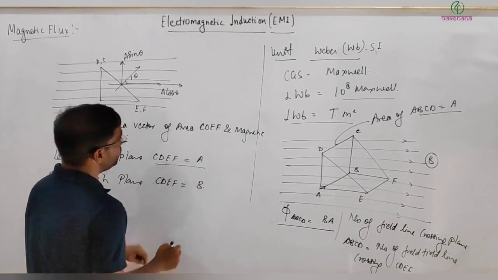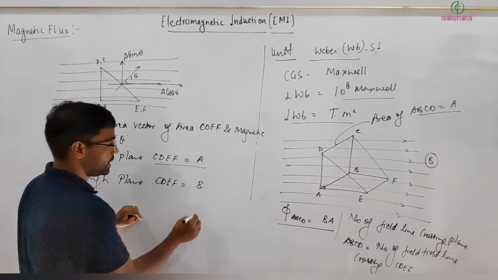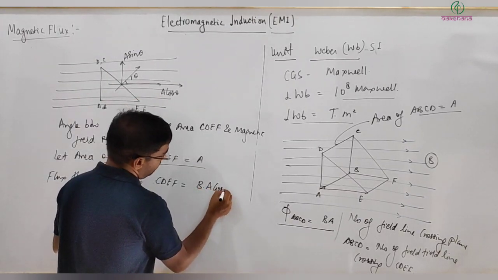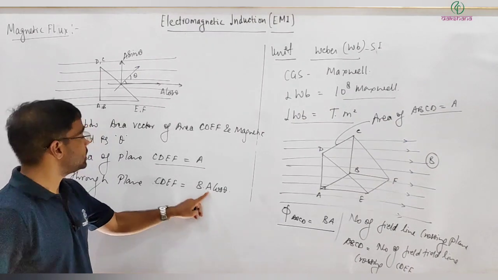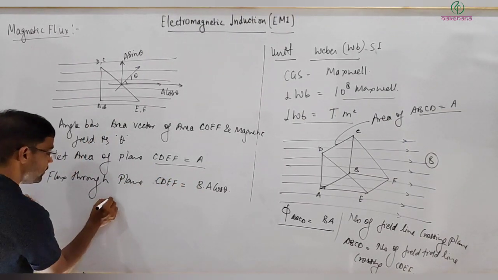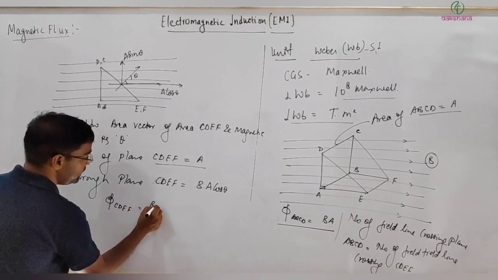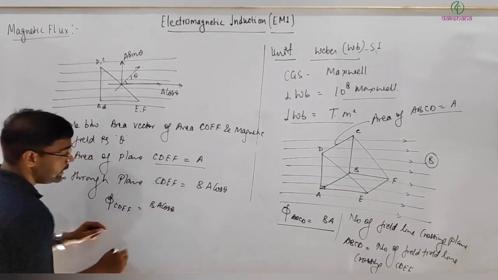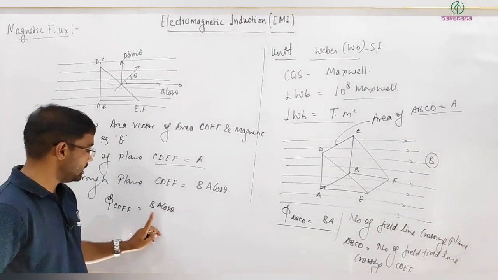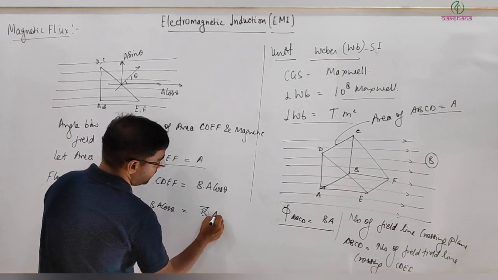It's B into this area, and this area is A cos theta. So I can write B into A into cos theta, where A is the area of CDEF. So the flux phi through CDEF is equal to B into A into cos theta. And cos theta is what? The angle between B and A bar. So this can be written as B bar dot A bar.